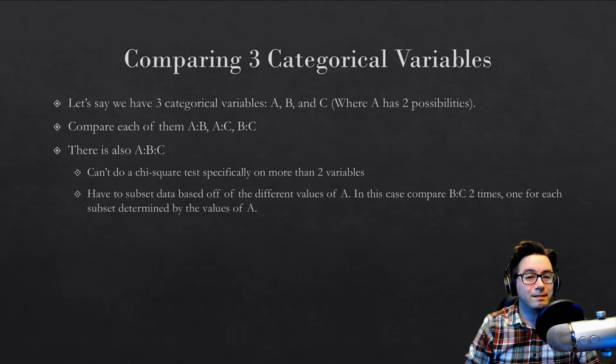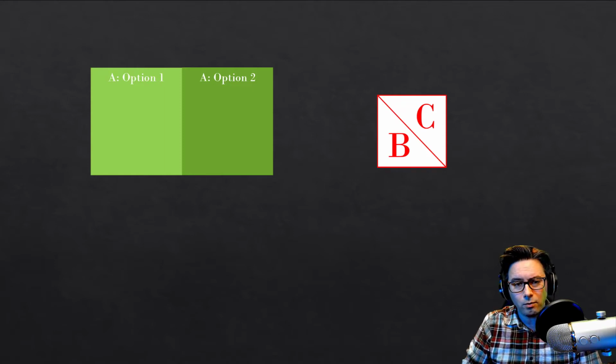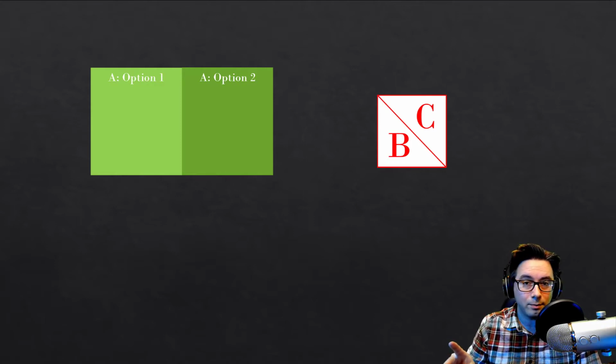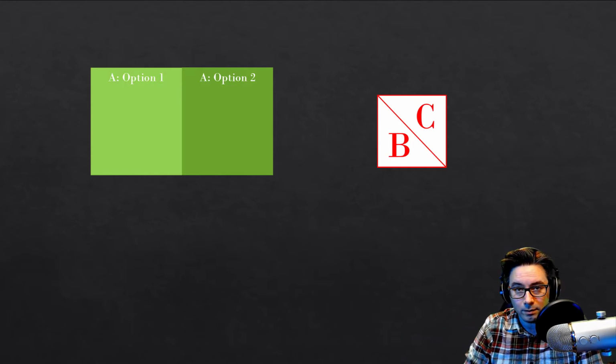The idea is kind of this way. So far, we have A, B, and C. Let's say A has two options. It's a categorical variable with two different possible values, like yes or no, true or false, whatever. And we'll say B and C are just some other variables that we're looking at.